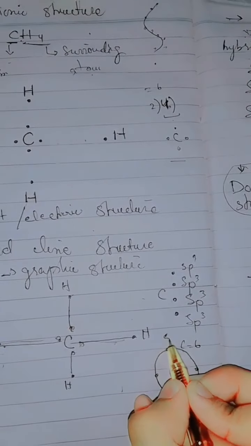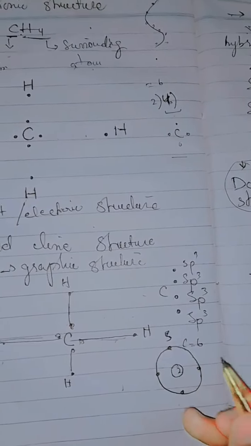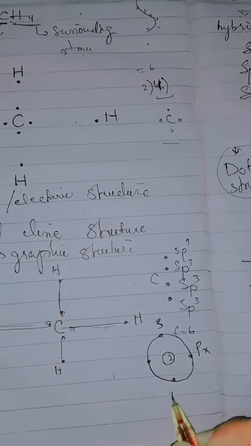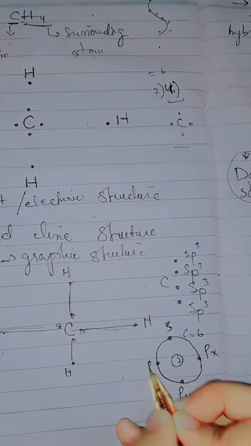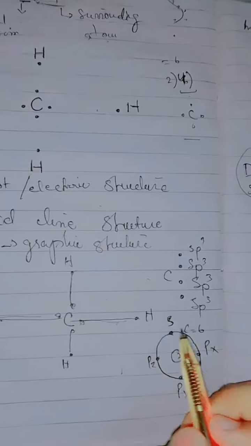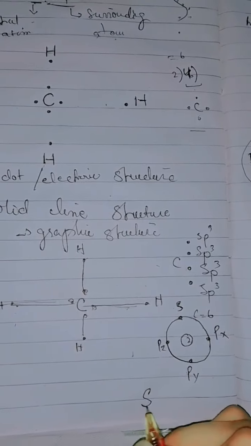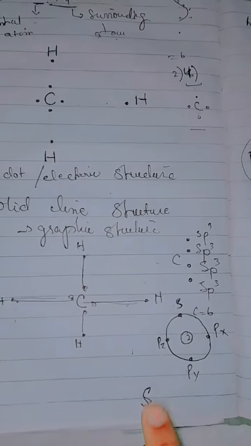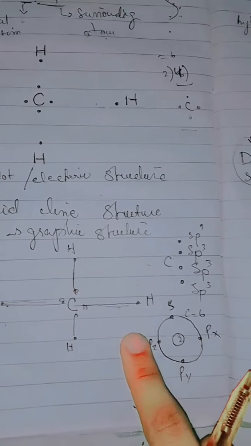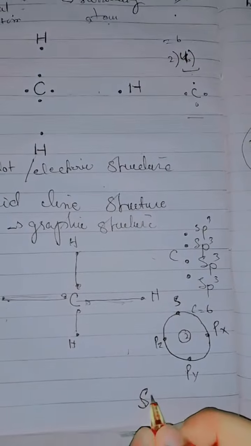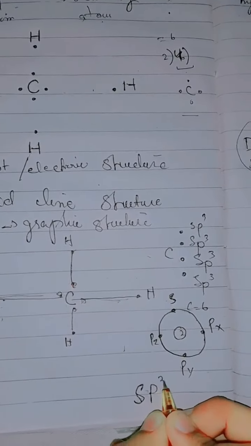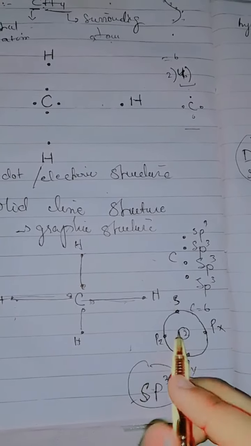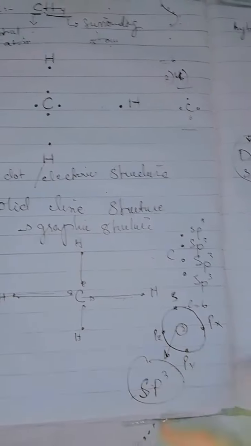The first will have s, the second will have Px, third Py, fourth Pz. So one s subshell, and then Px, Py, Pz, three p orbitals. It will be p3. So sp3, that is why carbon has sp3 hybrid orbitals.